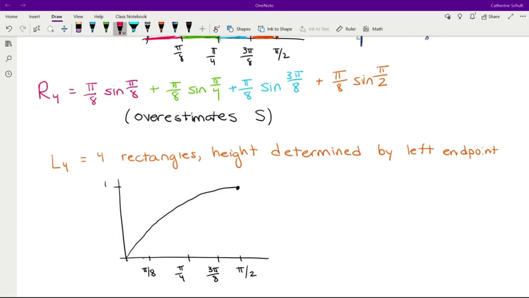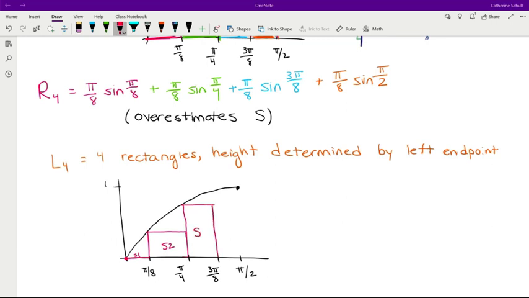Okay, so in this first one, our first rectangle, this is our endpoint. So that rectangle just has a height of 0. And in our next rectangle, here's our left endpoint. So we're going to use that height on the graph for our rectangle. All right, so this is going to be S1, S2, and then S3 uses the left endpoint, so pi over 4 on our graph.